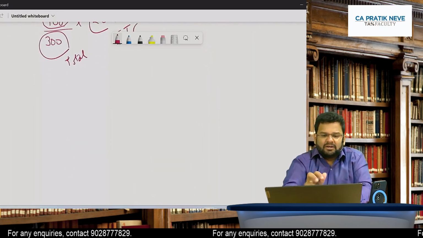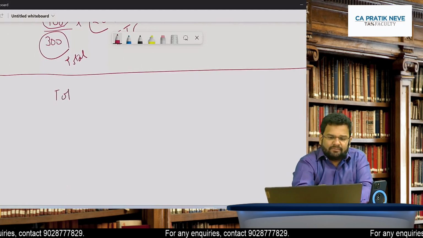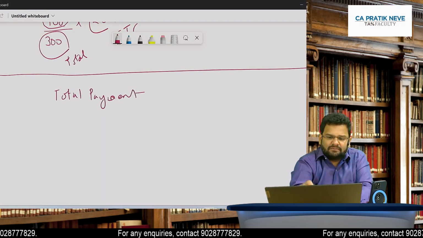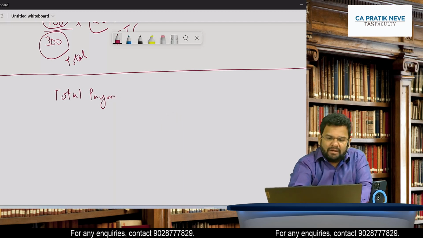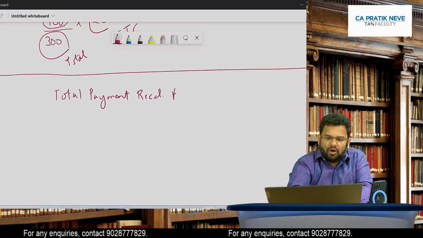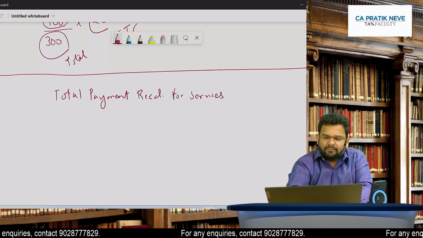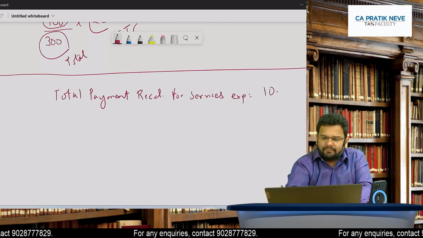Suppose this year total payment you have received for services exported is, say, 100.